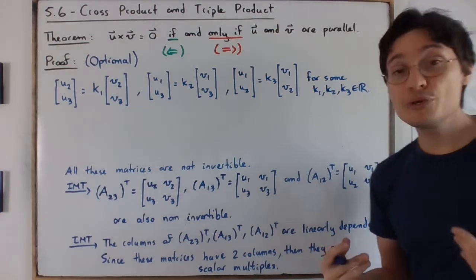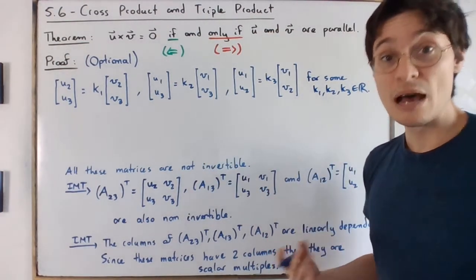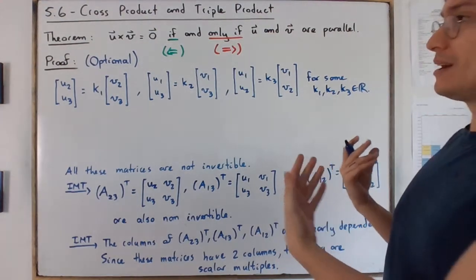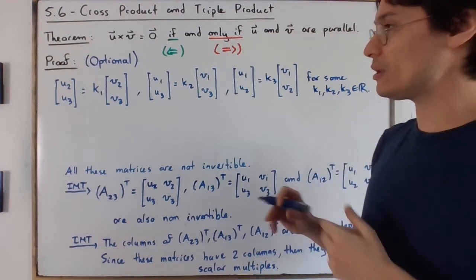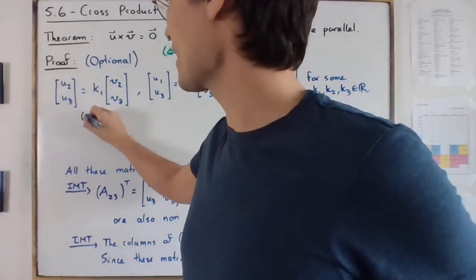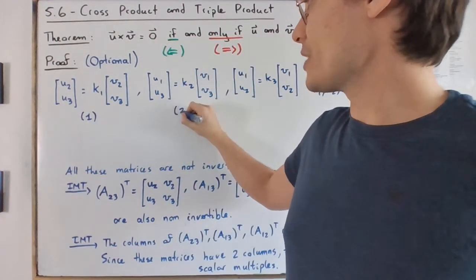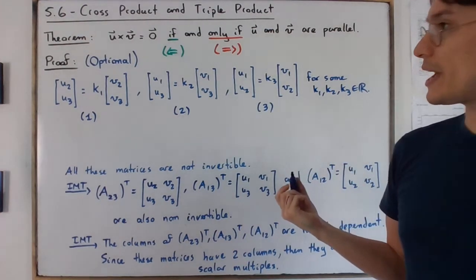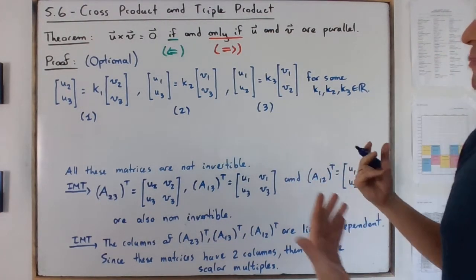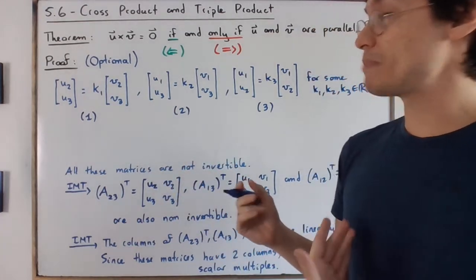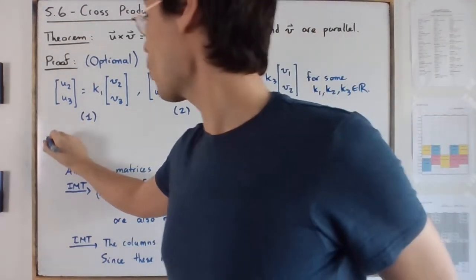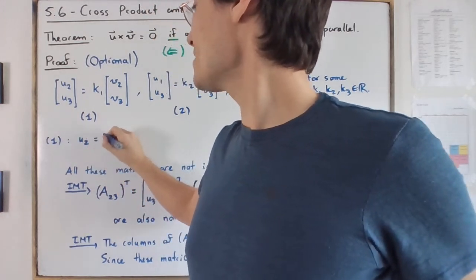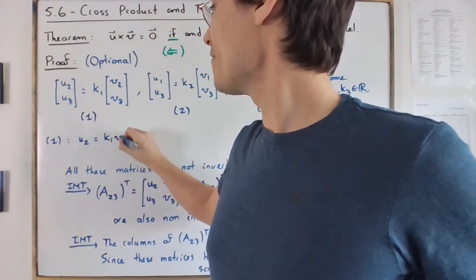But now what we will do is we will prove that these constants must actually be the same, okay? So how do we do that? Very simple. Let's label these equations. Let's label this equation 1, label this equation 2, label this equation 3. Okay? So, for example, let's go component by component. From equation 1, we get that U2 is equal to K1 V2.